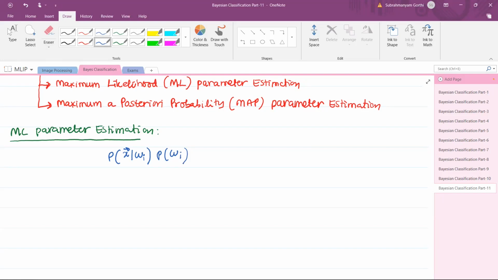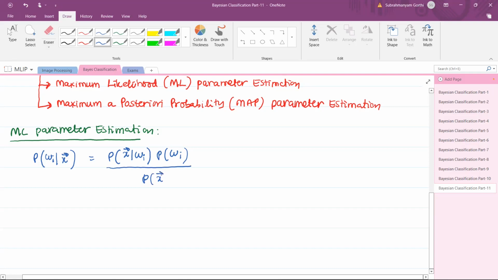So from Bayes formula, this side will be probability of omega i given x bar, which is nothing but the posteriori probability. This is equivalent to the likelihood times the prior divided by probability of x bar. We have seen that this anyway doesn't depend on omega, so you will drop it.